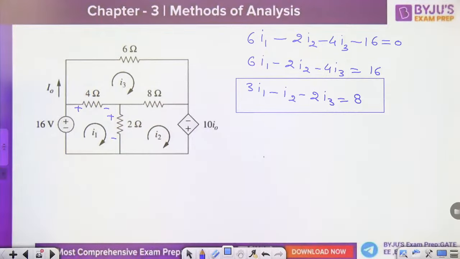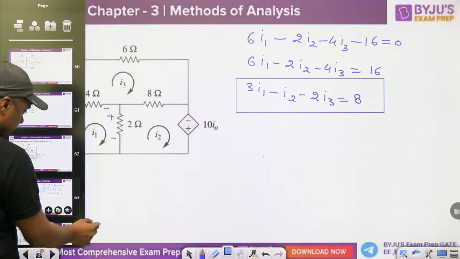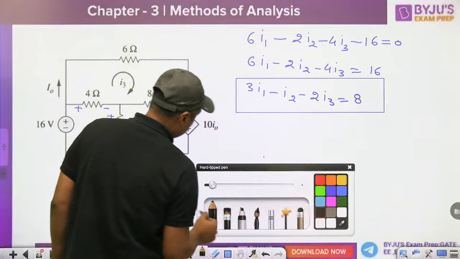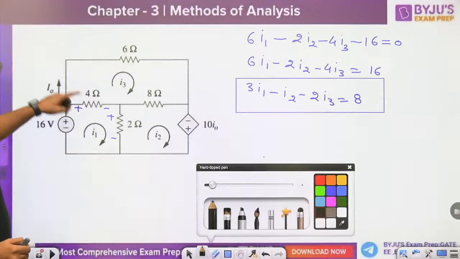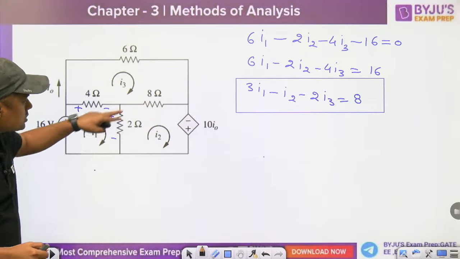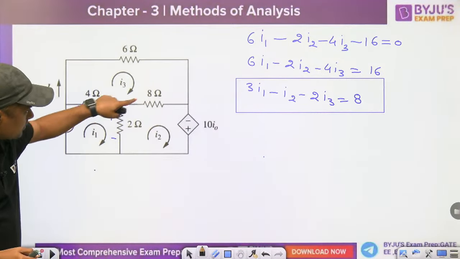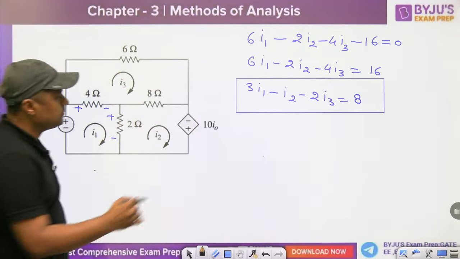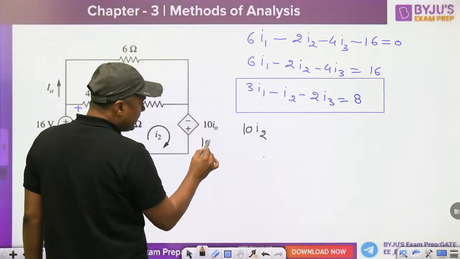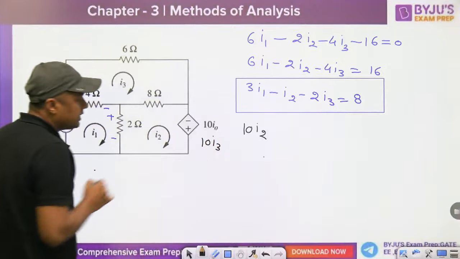Then the second one. The second mesh is this one. Watch this. Again using the inspection method, 8 plus 2, 10I2. Now this is 10I3, as I already wrote that I0 is I3.